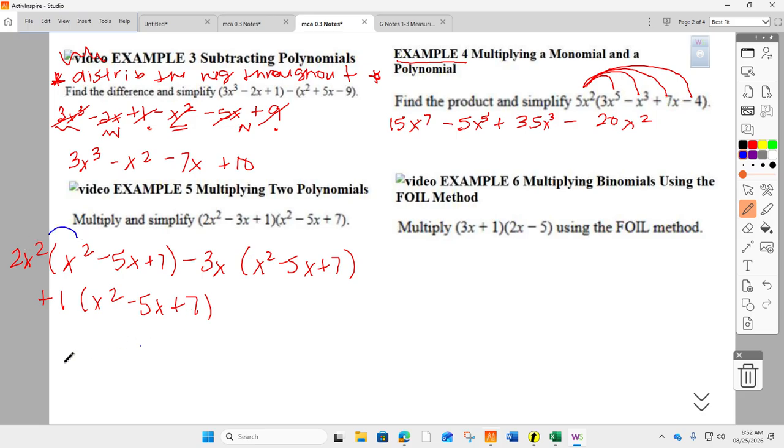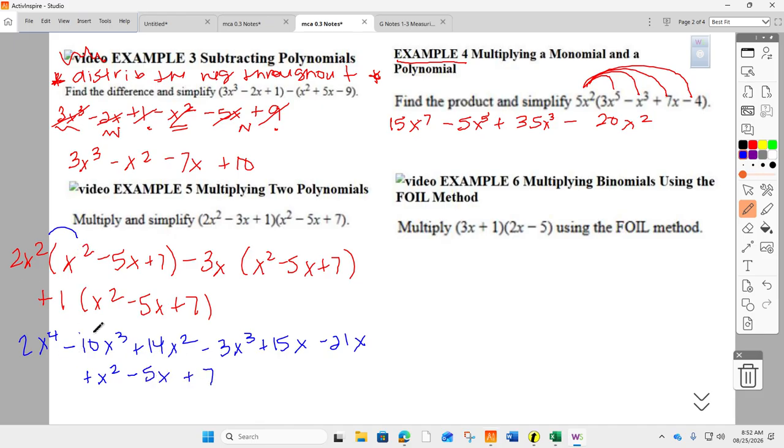So let's go ahead and distribute. My handwriting is probably not helpful for me. 2x to the fourth minus 10x cubed plus 14x squared minus 3x cubed plus 16x squared minus 21x plus x squared minus 5x plus 7.